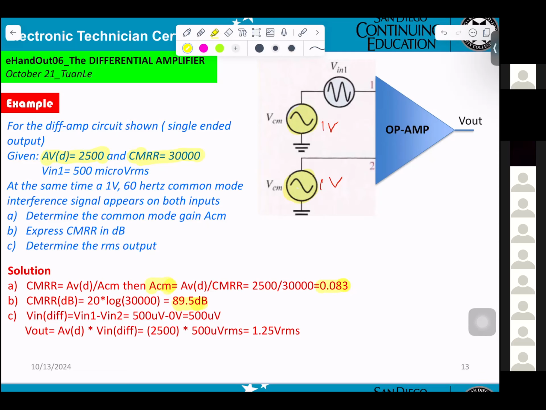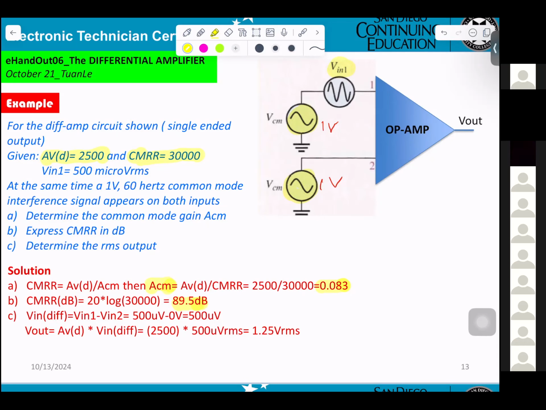Number C, they want to know the RMS output. V in differential is V in 1 minus V in 2. You see that? V in 2 is nothing, meaning 0.